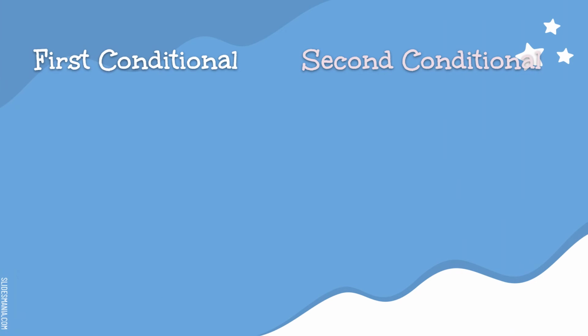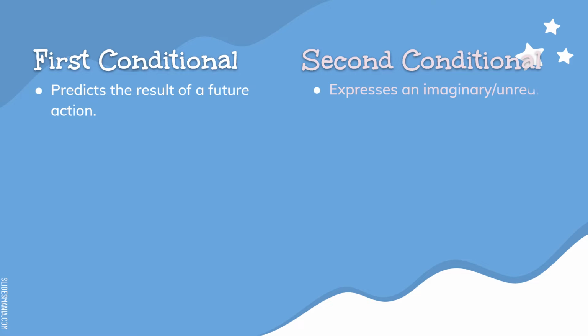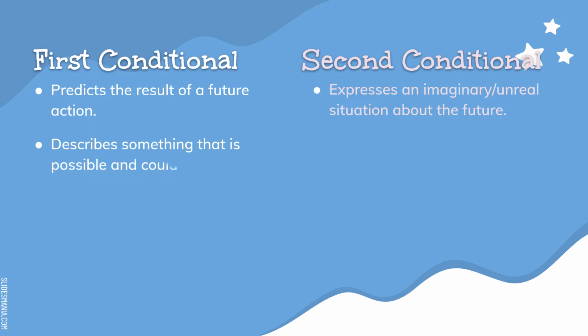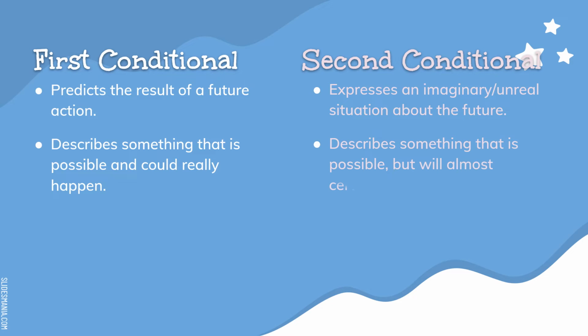Now let's contrast the first conditional and the second conditional. The first conditional predicts the result of a future action, while the second conditional expresses an imaginary or unreal situation about the future. But both of them are talking about the future. The first conditional describes something that is possible and could really happen, whilst the second conditional describes something that is possible but will almost certainly not happen.